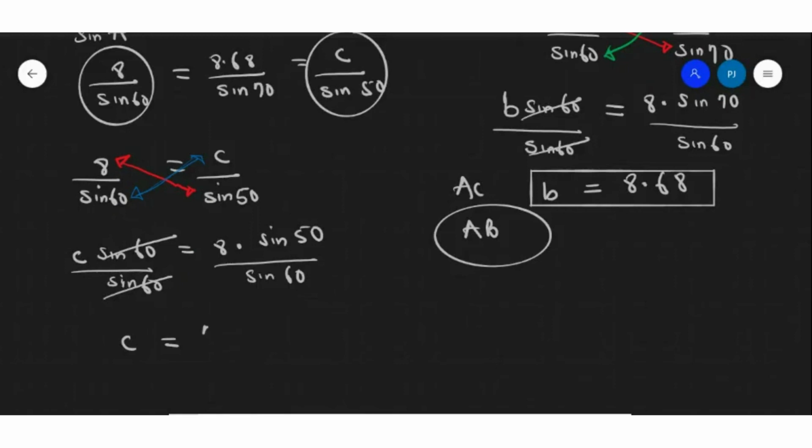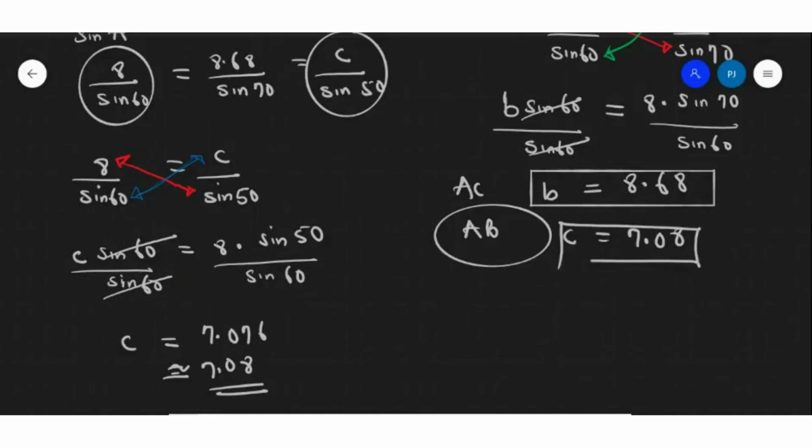My answer here is 7.076, which is approximately 7.08. So this is my C already. The value of my C is 7.08.